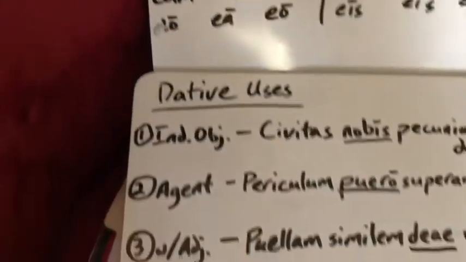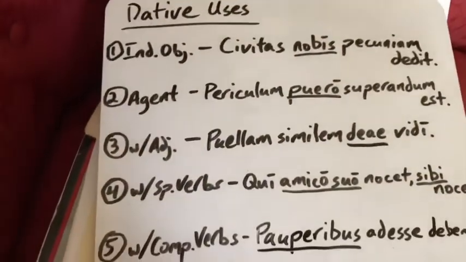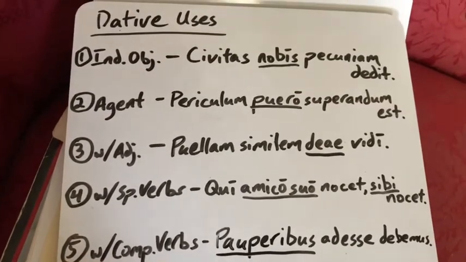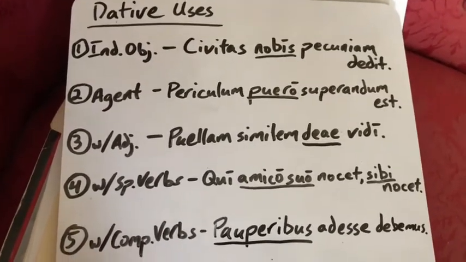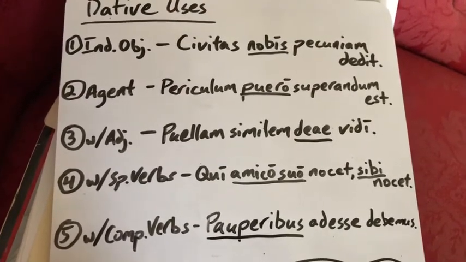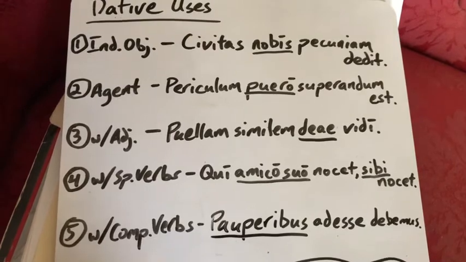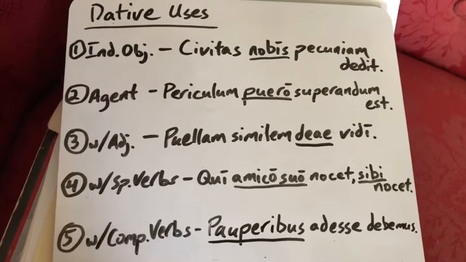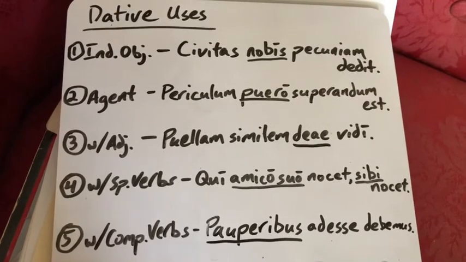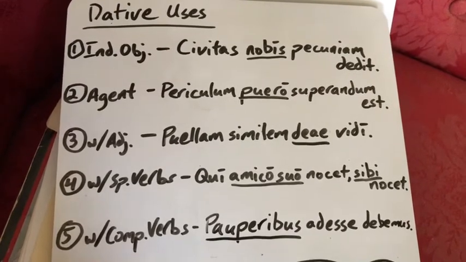All right. Wanted to review a couple other things with you before we move down to translation. Dative uses. This is kind of the main focus of this chapter. I've got some sample sentences here for us to look at. First of all, looking at an indirect object. This is your oldest dative usage, and this is going to be the person or thing that's kind of secondarily affected by the action.